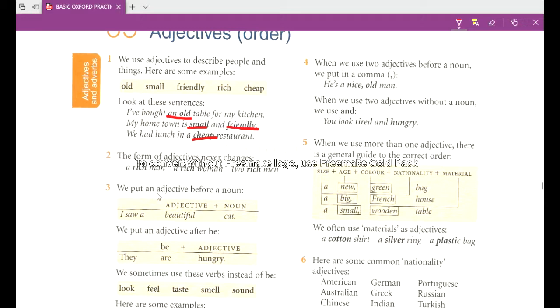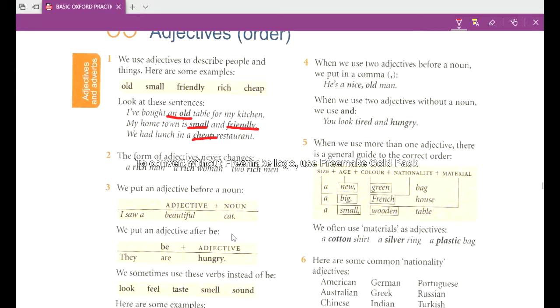We put an adjective before a noun. So we have this sentence here: I saw a beautiful cat. Cat is a noun, beautiful is an adjective. We also put an adjective after be.